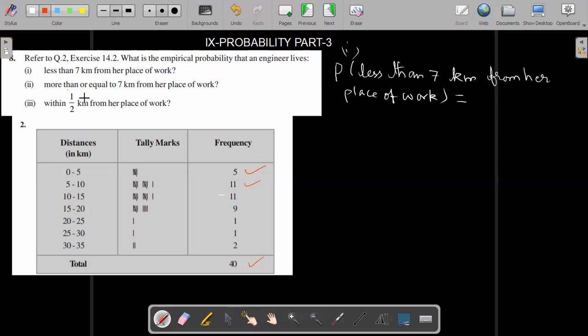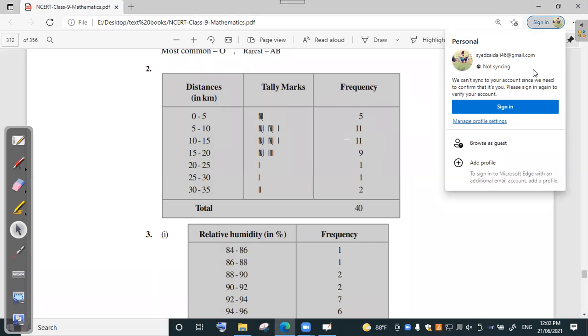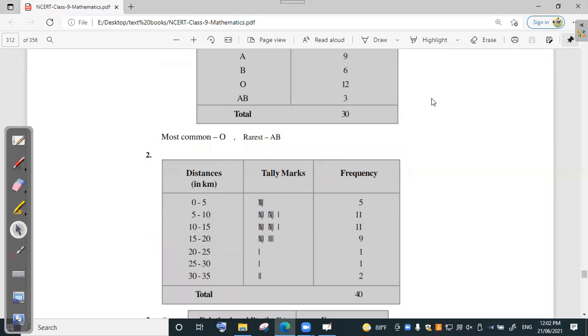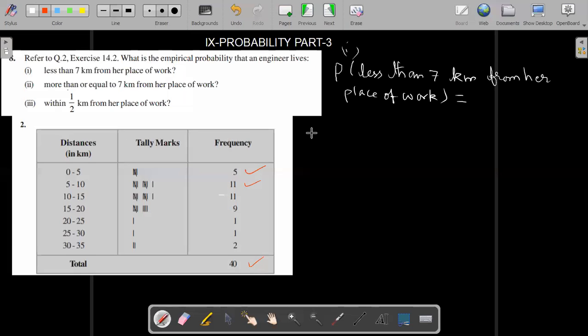14.2, question number 2. Check that we have taken the correct one.